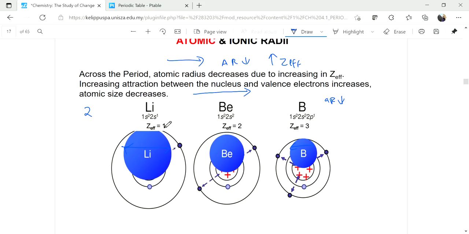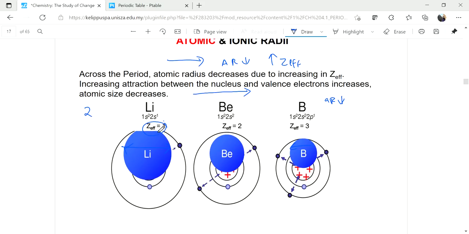The ZF value for lithium is 1. How do you get 1? The number of protons minus the electrons in the inner orbital.